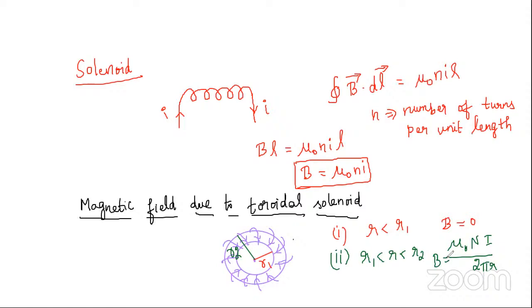Instead of 2 pi R, you can consider the average length as capital L, and write L here to find the magnetic field.